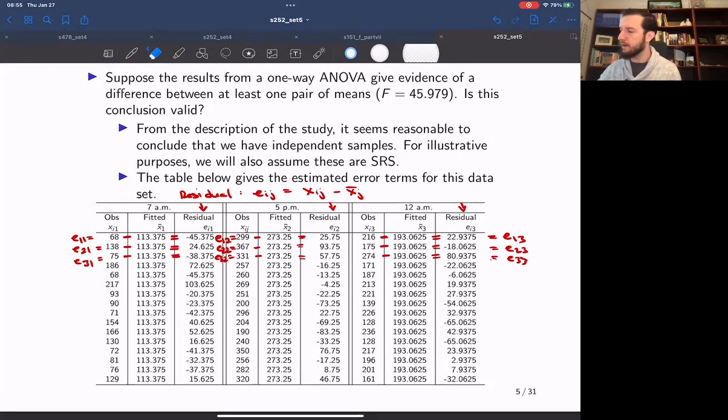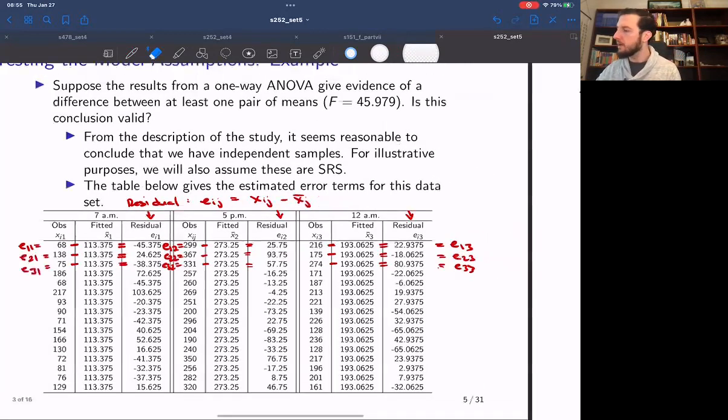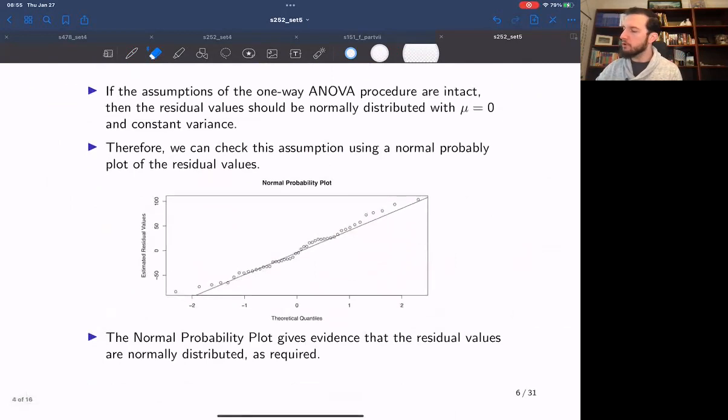In this case, we would have 48 values. And we can build a normal probability plot of those residual terms. On the y-axis in this illustration, we have the e_ij, and we're plotting all 48 residual terms against the quantiles of the normal distribution.